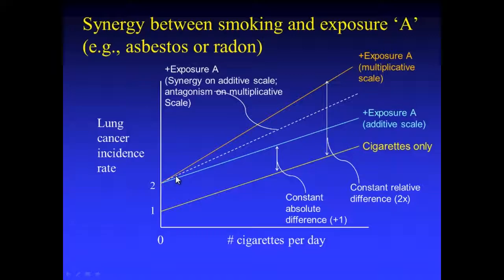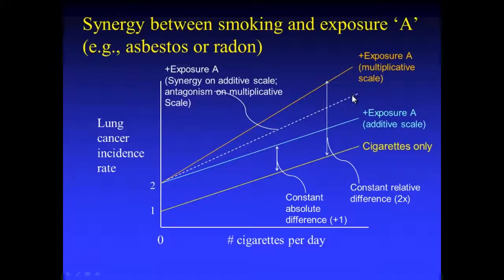So, here we have another situation which we can compare with the additive and the multiplicative scenarios. If we find that exposure A in fact causes this situation, so it's less than a constant relative risk of 2, as we go up here, the ratio of this to cigarettes becomes increasingly less and less.